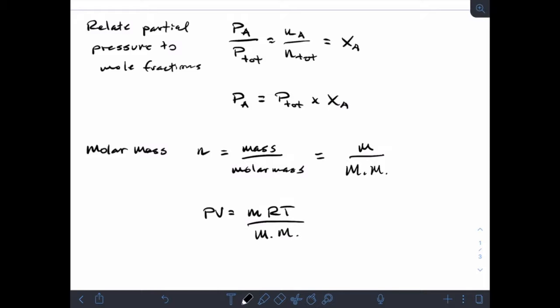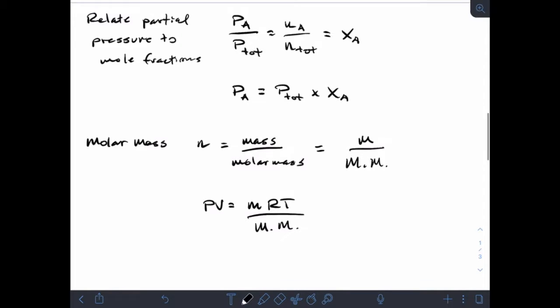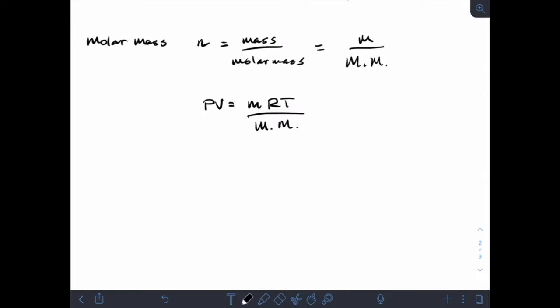So I could rearrange those components and solve for the molar mass. We can also use this to solve for the density of gases.